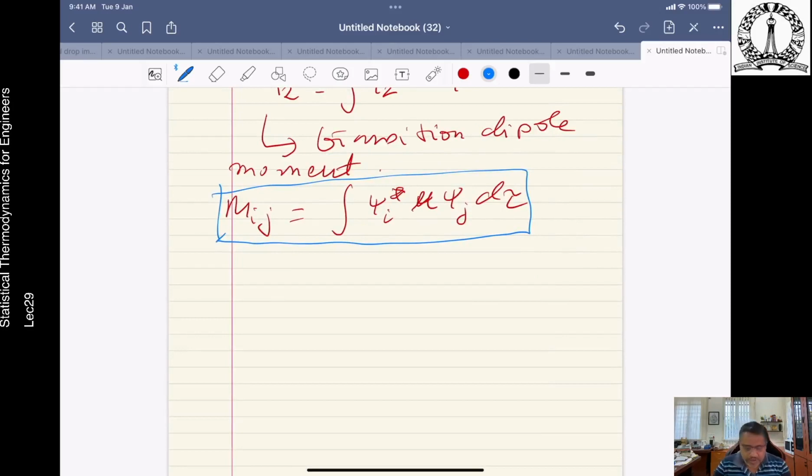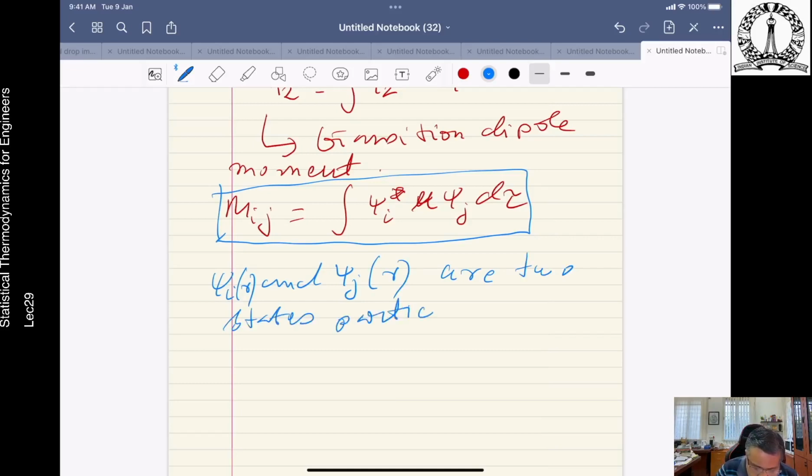The two wave functions chi i and chi j identify the two states participating in any spectral transition.